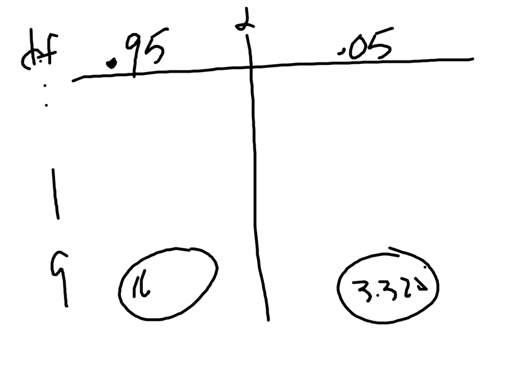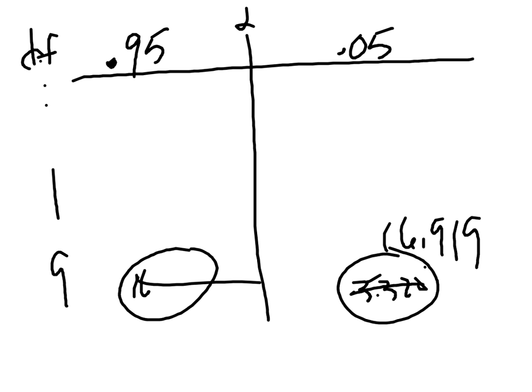I'm just going back and making sure I didn't transpose those, because that's very easy to do. I should have also mentioned that our chi-squared tables are back on page 782. So we have 9 degrees of freedom.